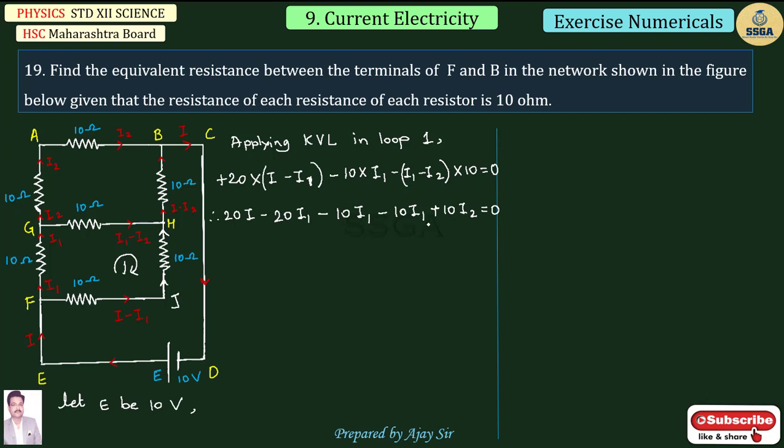Now all like terms we will add or subtract, and remaining terms we will keep as they are. Here the I term appears only one time, so it is only 20 I. Then the I1 terms: minus 20 I1, minus 10 I1 and minus 10 I1, so that is minus 20 minus 10 minus 10, which is minus 40 I1. The last term is 10 I2.